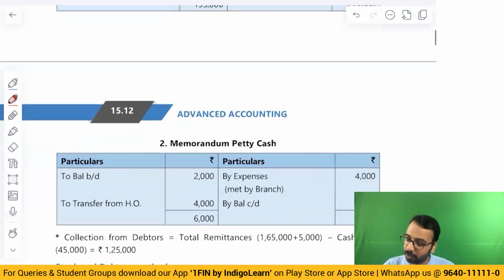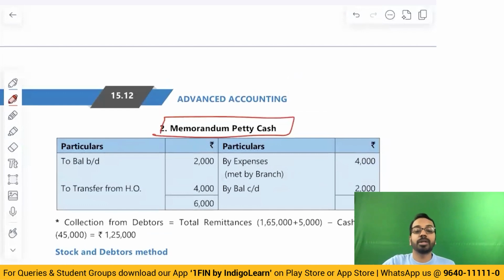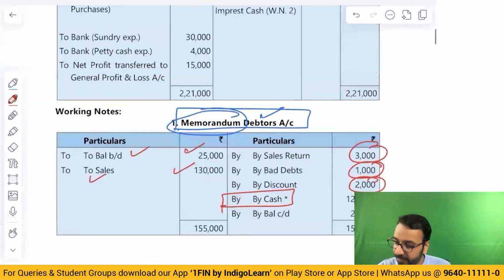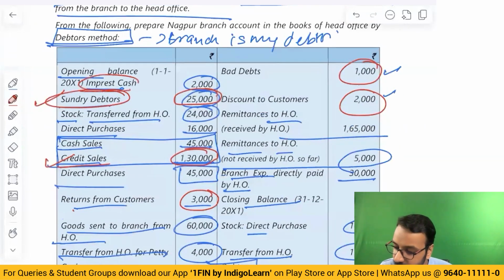So what will we prepare? We will prepare the petty cash account, and then we will see how much amount we can assume that we have collected from the customers. Now in the petty cash account, impressed cash opening balance is 2,000.